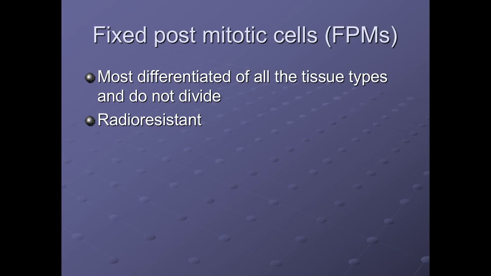So even if one cell has DNA damage, if that damage isn't going to proliferate or spread in any way, then nothing will be seen. It's just that single cell that is damaged, and it's things like nerve cells that are FPMs.